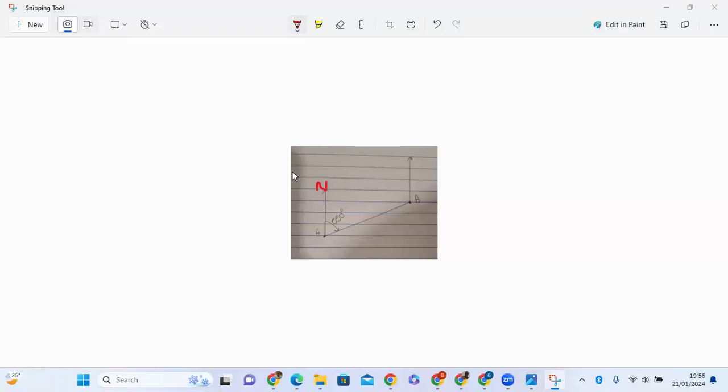So this diagram is an accurate depiction of a bearing of 50 degrees from point A to point B.